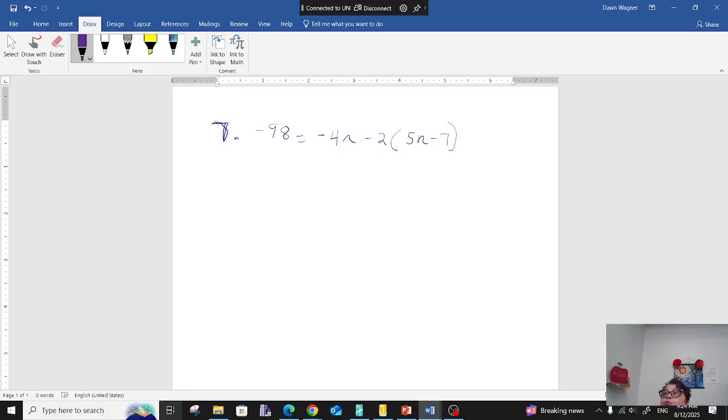Now we have to be real careful on this one because we do have to do this distributive property first, and there's a negative number in front of the parentheses. Do you all notice that? Negative number in front of the parentheses.